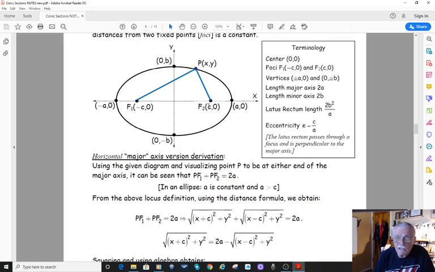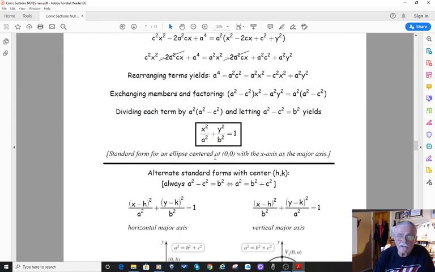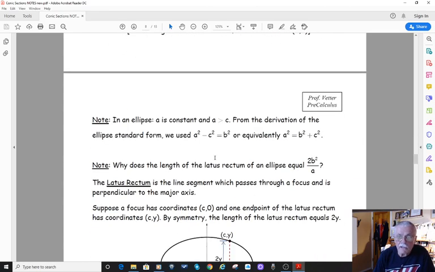This is length c, associated with the focus, and this is length a, associated with the major axis. So a is greater than c, okay? And in an ellipse, a squared equals b squared plus c squared. So it's almost like the Pythagorean theorem, but it's a little bit tricky because the greatest length is the a, and that's why the a squared stands alone.